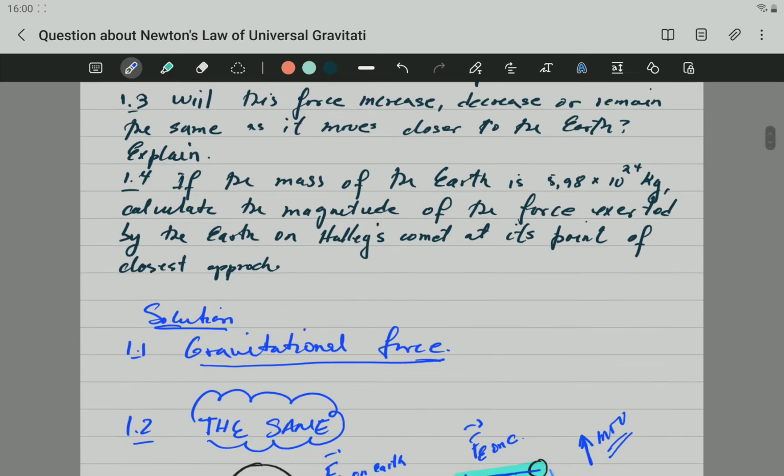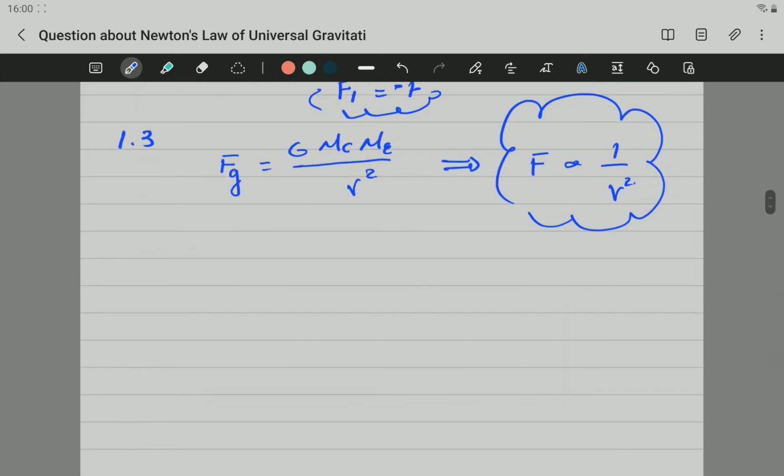It will increase. So the correct answer is increase. Why does the force increase? Because the force is inversely proportional to the square of the distance between the Earth and the comet. That is the explanation for this specific question.